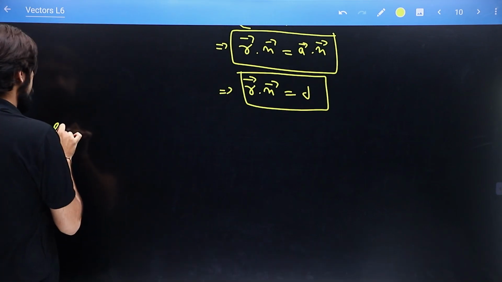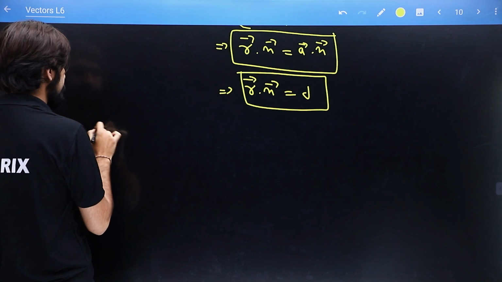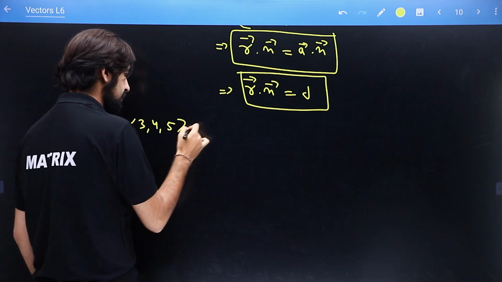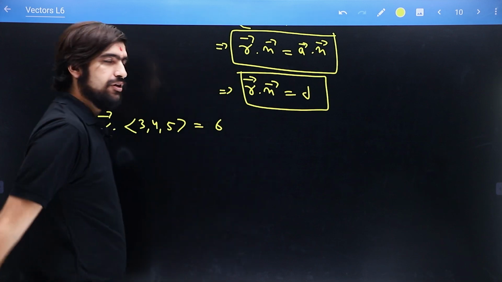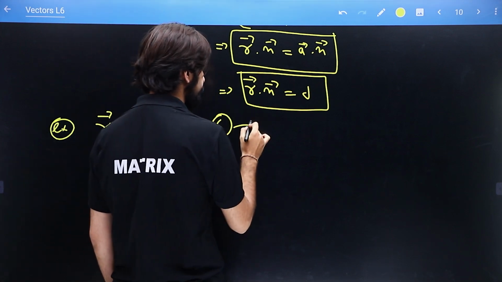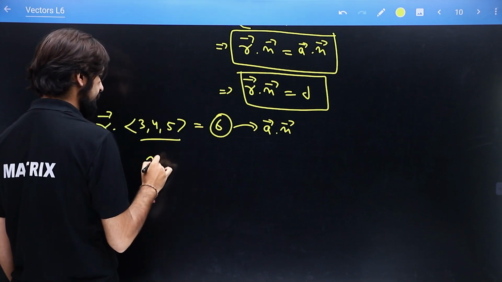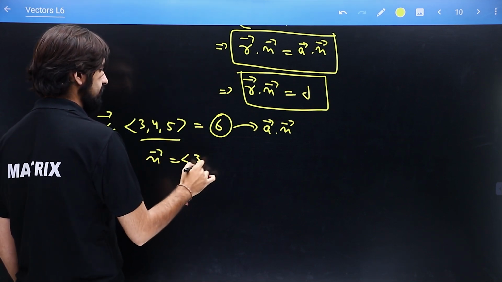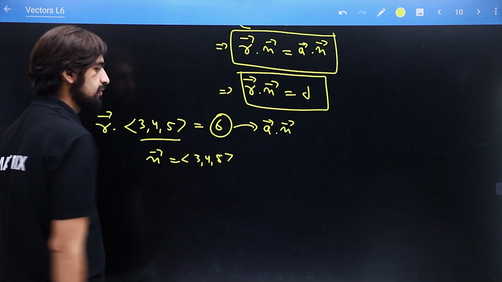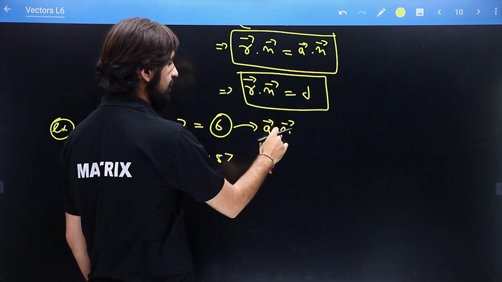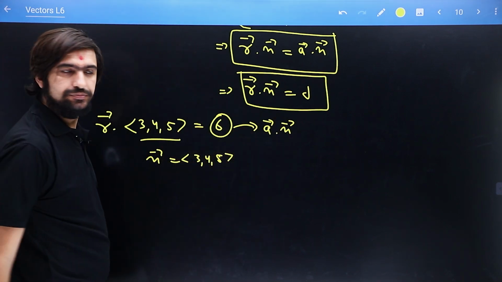For example, if it is written like this: R dot (3, 4, 5) is equal to 6. So this is your A dot n and this is your normal vector (3, 4, 5). It may be lambda times the normal vector, because if you write lambda here and lambda here, it will get cancelled out.